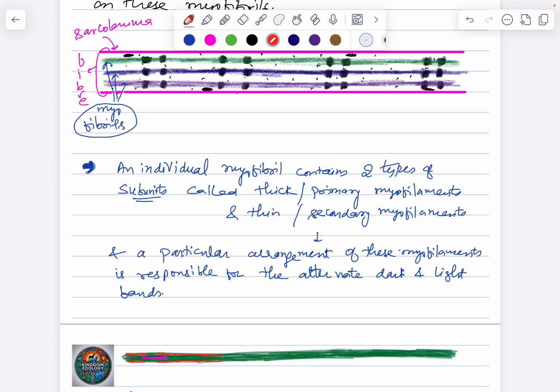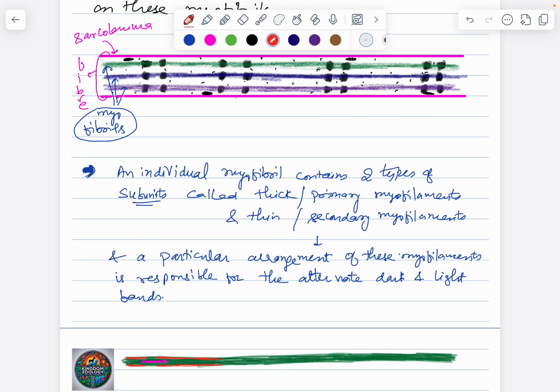Well, yeah, so here's basically your structure of the myofilaments of two types, the thick and the thin myofilaments.